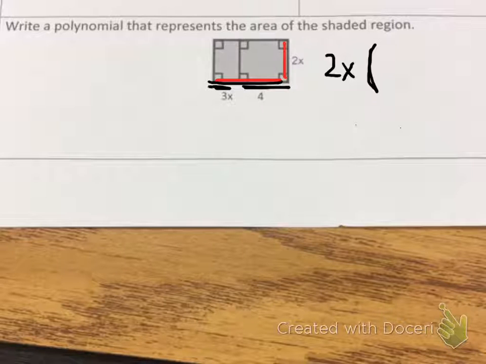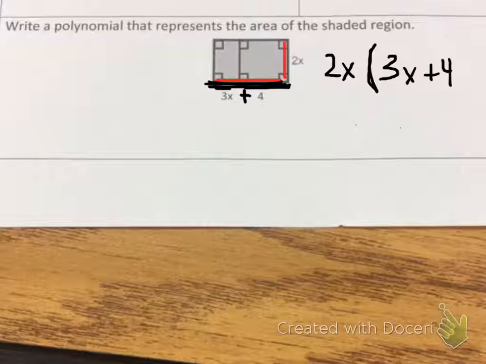But we want this whole length. So what we're going to do is we're just going to add them together by putting a plus sign in between them, and that will give us this full length of this rectangle. So we're going to go 3x plus 4, and it looks just like that first problem that we started with.